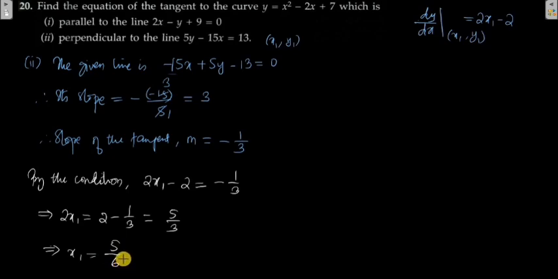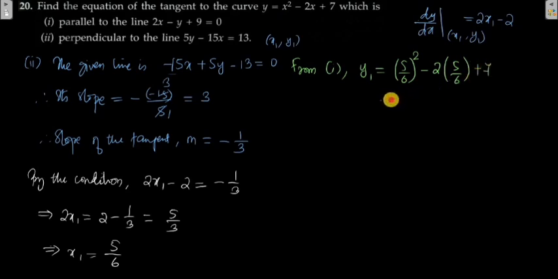Similarly, we'll find the value of y1 using the same equation, that's equation number 1. So from 1, we have y1 equals x square minus 2x plus 7. X square is 5 by 6 square, minus 2x, x is 5 by 6, plus 7.